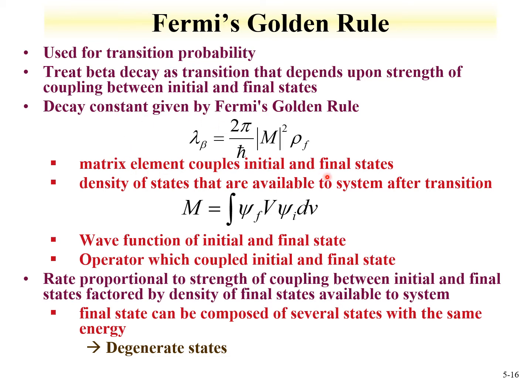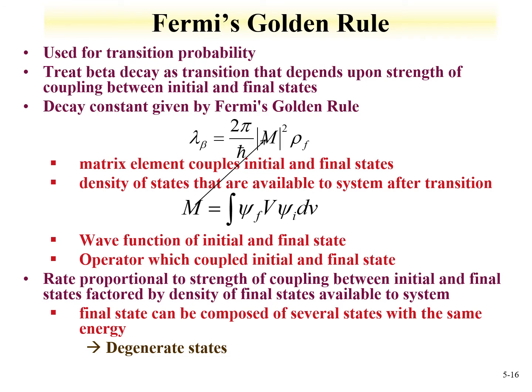So from Fermi's golden rule, we have this equation here where the decay constant is equal to 2 pi divided by h bar, this matrix element, and a density of states that are available to the system after transition. The higher the density of states, the more states available, the higher the probability of this transition.